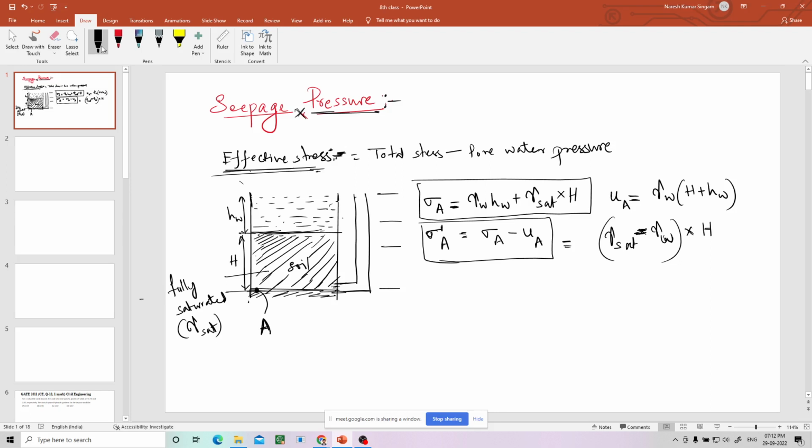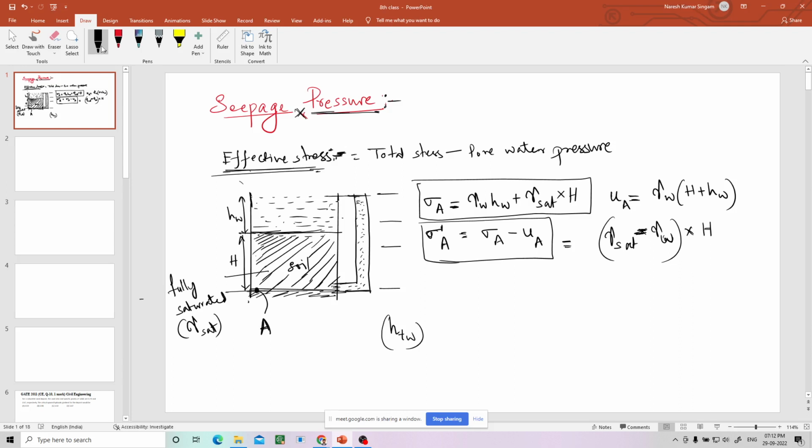You can say H. So completely up to this level, right? This is the water height which will be there in the tube.